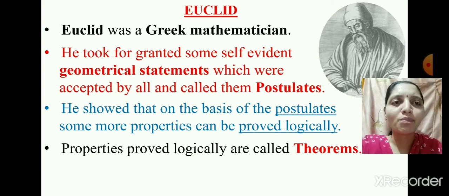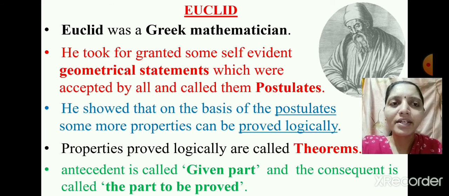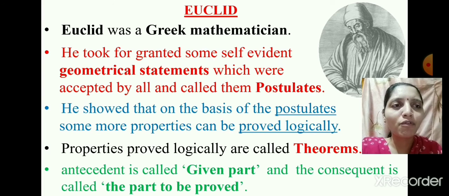Properties which we prove logically are called theorems. And the antecedent is called the given part, and the consequent is called the part to be proved. So whatever part of the statement follows if is called the given part, and the part of the statement following then is called the part to be proved. So while writing the proof for a theorem, we have to consider all these statements.